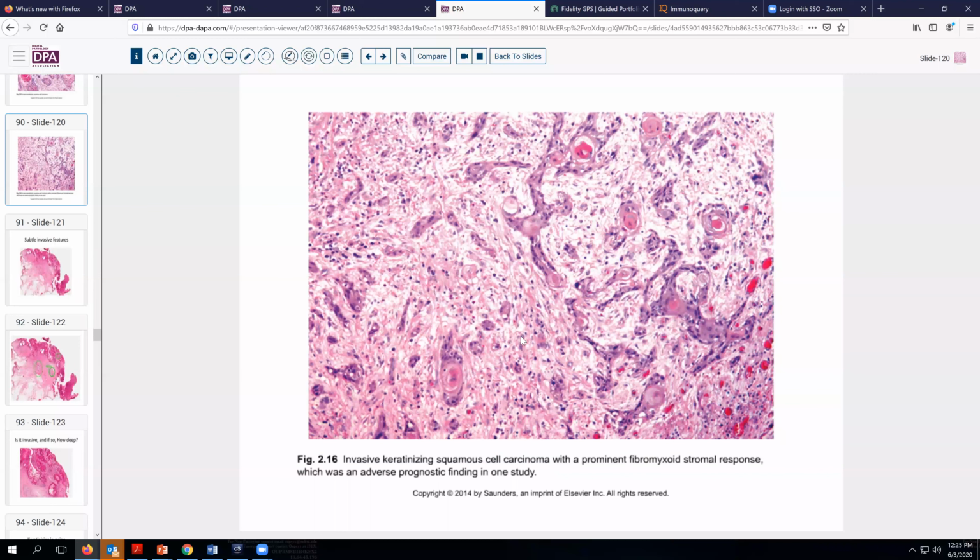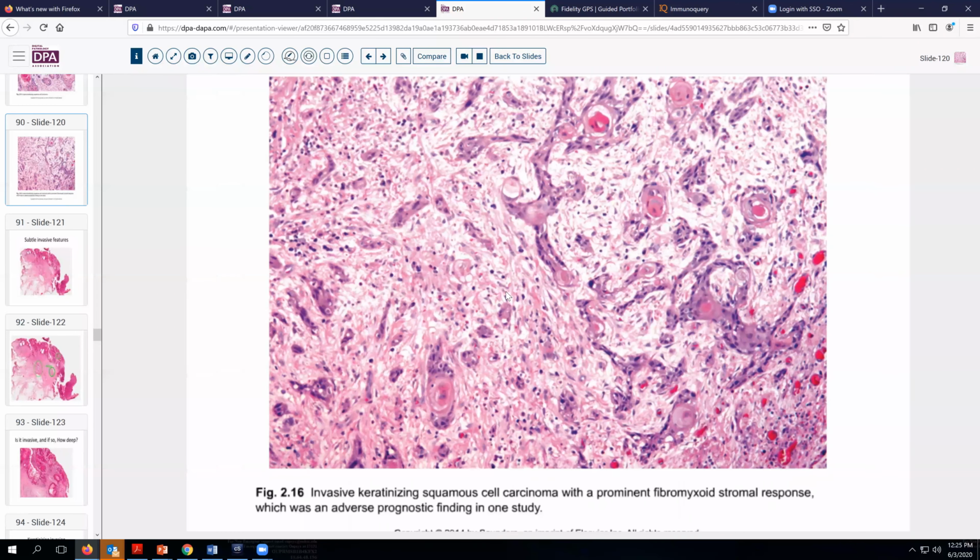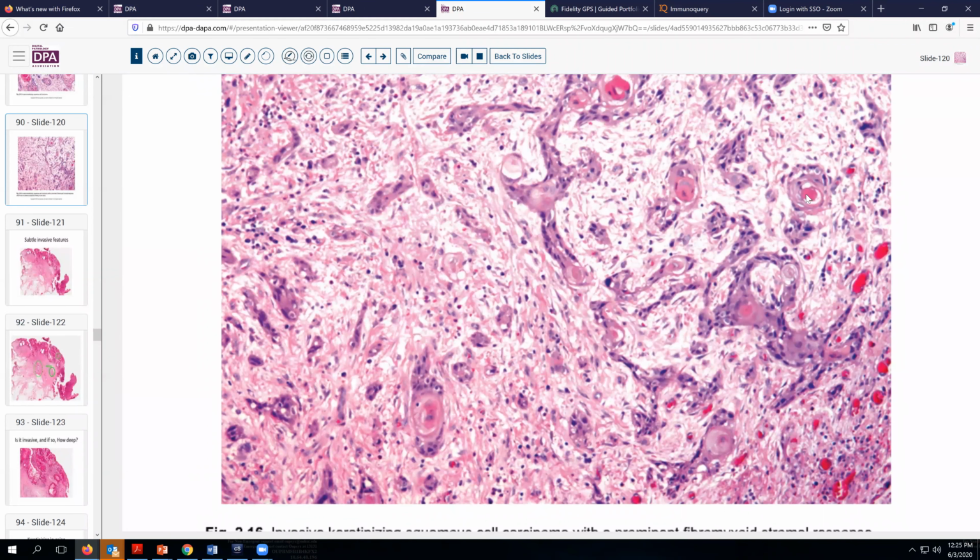But there can occasionally be more subtle patterns that almost at low power might look like a vascular proliferation of granulation tissue. And if you didn't pick up on these red areas as being pearls or keratinization, you might think that they were small vessels. And so you have to be careful for this granulation tissue-like pattern of invasion.